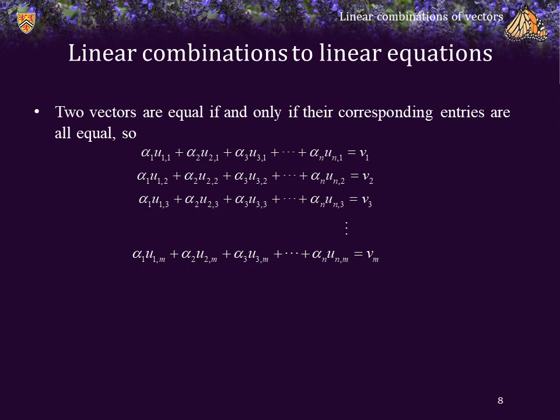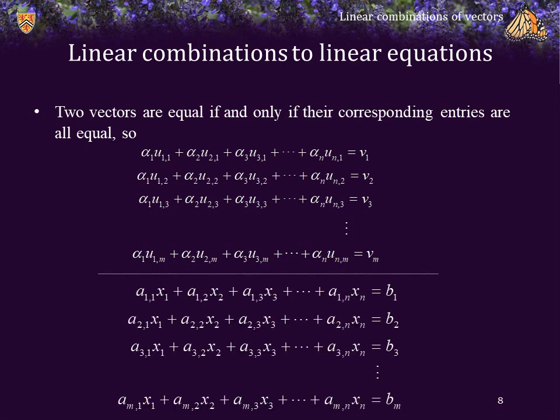Now, let's compare and contrast that with what we described as a default system of linear equations in n unknowns. Well, in this case, we see that the target vector entry v sub k is simply the corresponding right-hand coefficient b sub k.